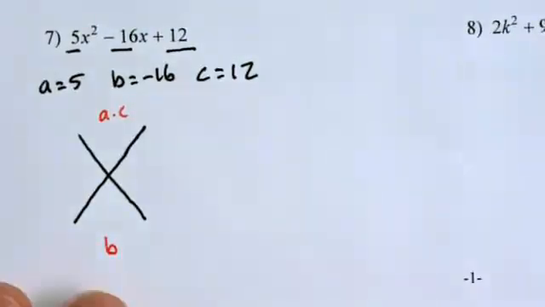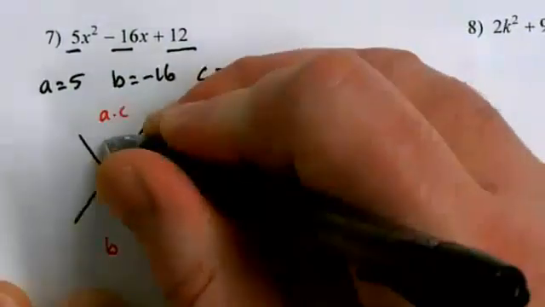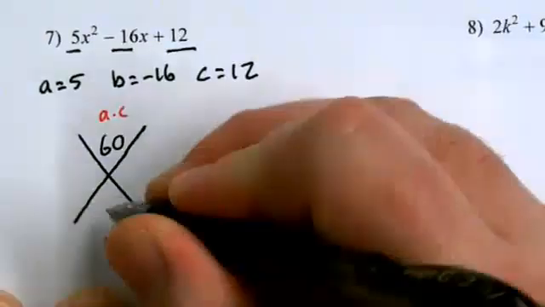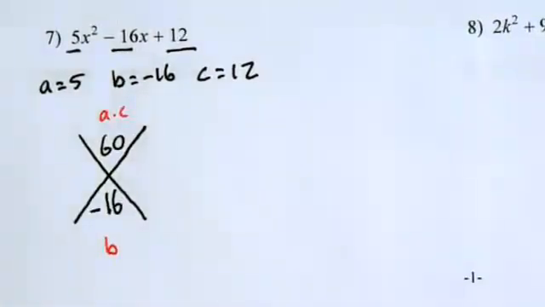So for this problem, we've got 5 times 12 for A times C. That's 60 on the top. And B is -16. That's going to go on the bottom.